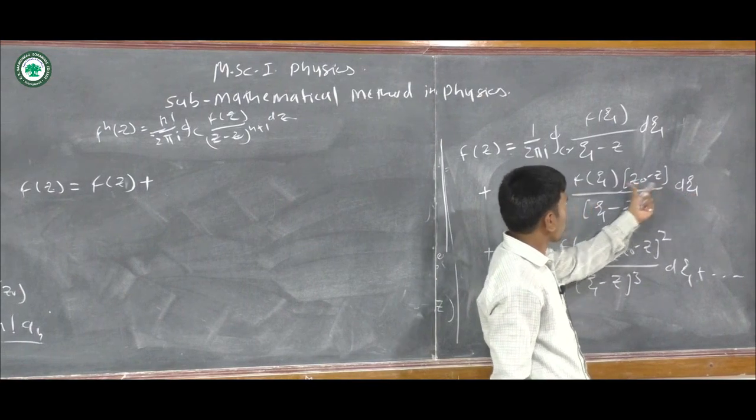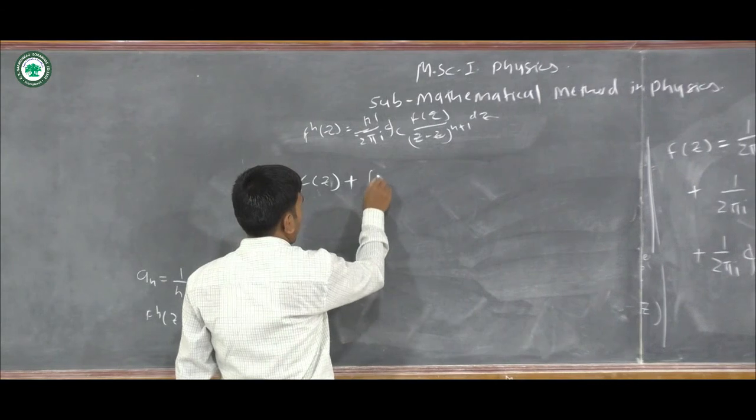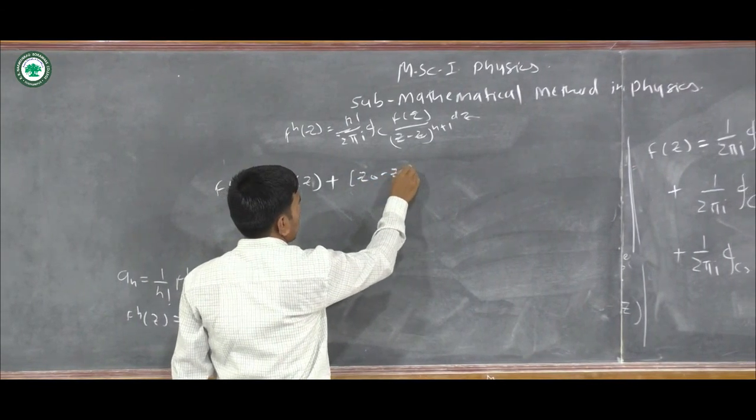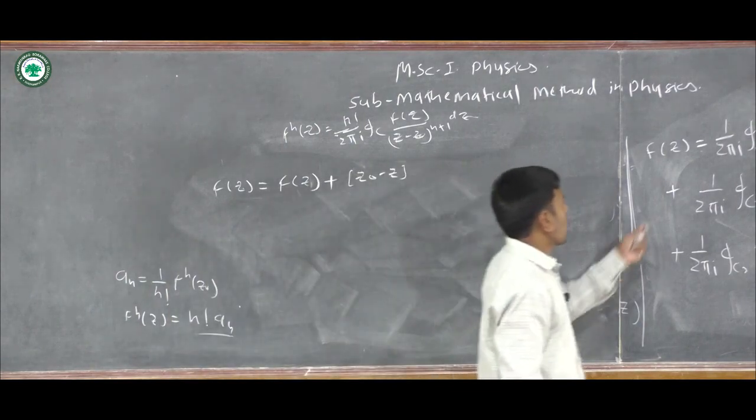So this factor I take out as common, it is z0 minus z, and the other thing is nothing but f of z.